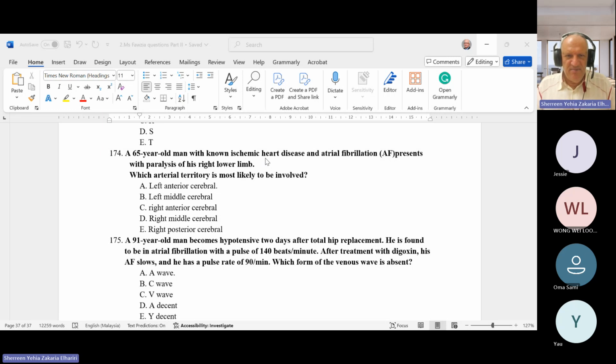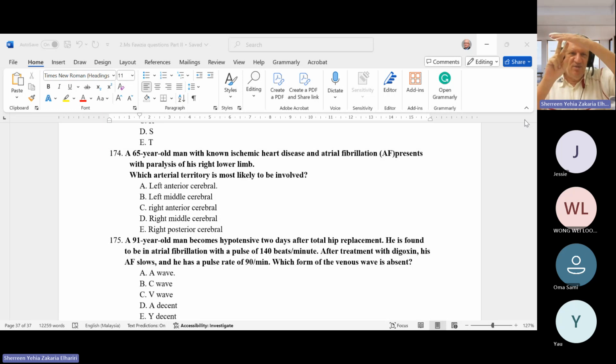So first, this is paralysis. Which side? It is paralysis of the right limb. So if it is the right, the lesion is in the left side of the brain. Now, the body is represented upside down, so the leg is up.